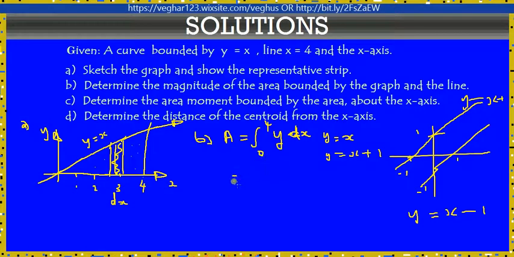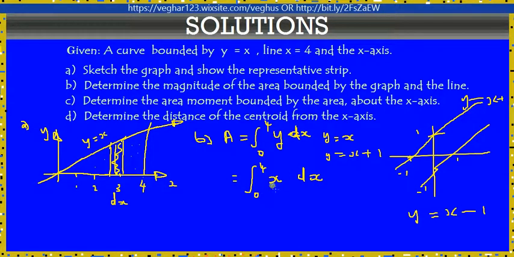Before you integrate, remember that everything must be in terms of x because you are dealing with the strip for x, so we have to change the y. We substitute the equation here, x, because y equals x. If it was x plus 1, you would put plus 1 here, but now it's x.